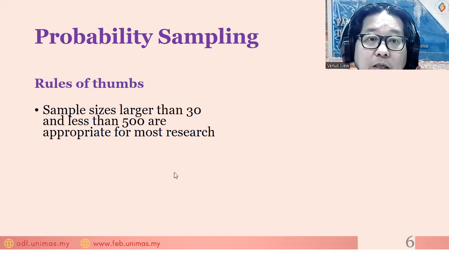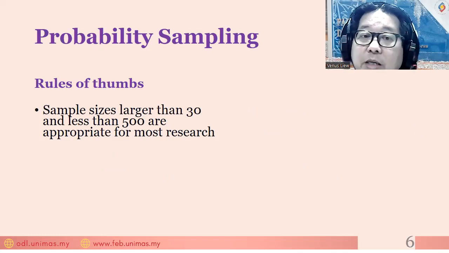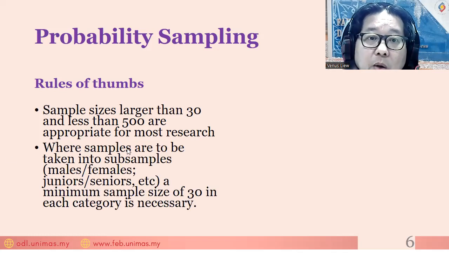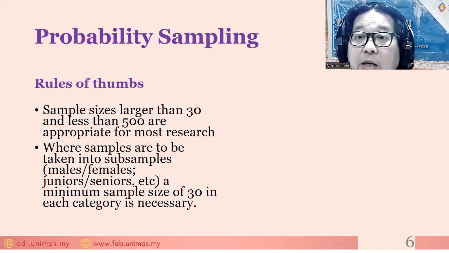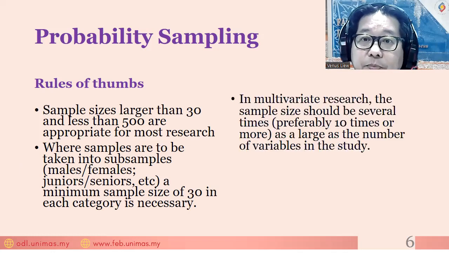Rule of thumb, sample sizes larger than 30 and less than 500 are appropriate for most research. Where samples are to be divided into subsamples, let's say we want to consider the different impact on males and females, or the impact of COVID-19 on males and also on females, then a minimum sample size of 30 in each category is necessary.